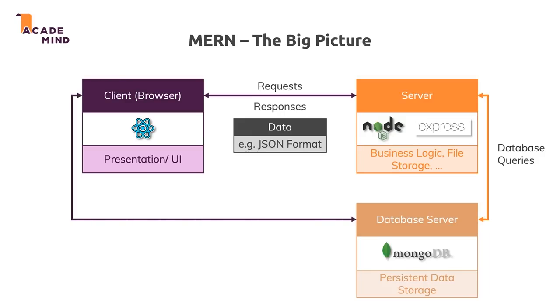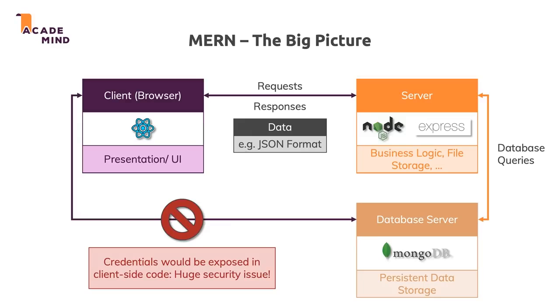We don't send requests from the client side directly to the database. Why? Because to send these queries, we need to include our database credentials, so the username and password to log into our database, so to say. As I mentioned earlier, all the code that runs on the client side, so in the browser, is readable by all your users. There is no way of disabling this. This is how the web works.